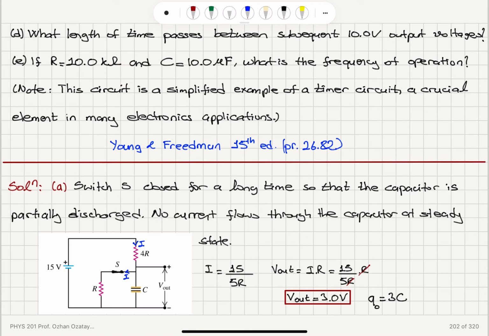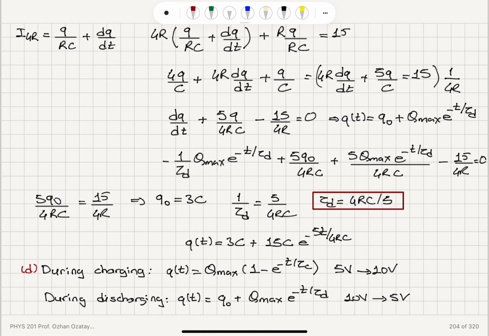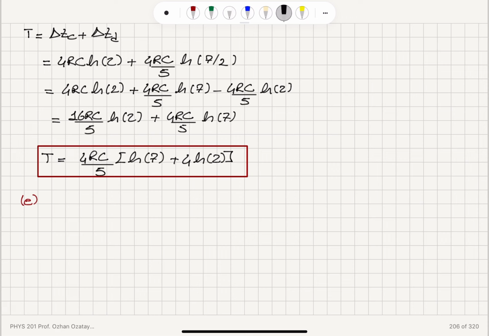If R is 10 kilo ohms, C is 10 microfarads, what is the frequency of operation? Note that this circuit is a simplified example of a timer circuit, a crucial element in many electronics applications. R and C values are given, so I can put R is equal to 10 kilo ohms, C is equal to 10 microfarads.